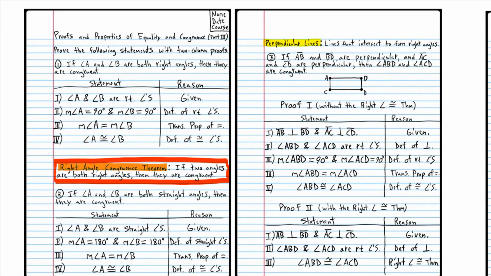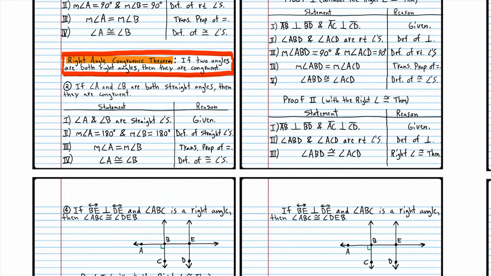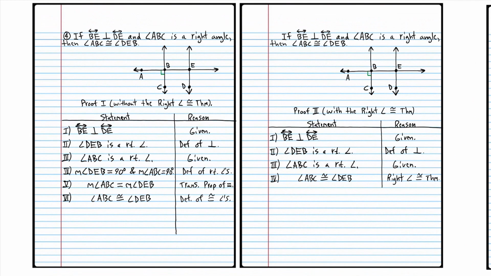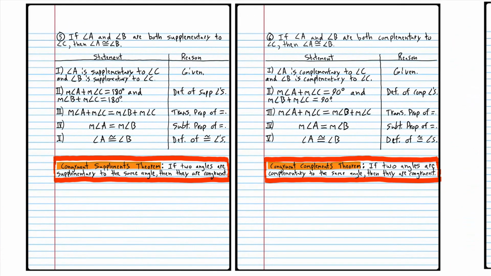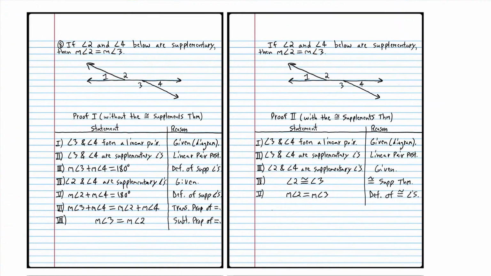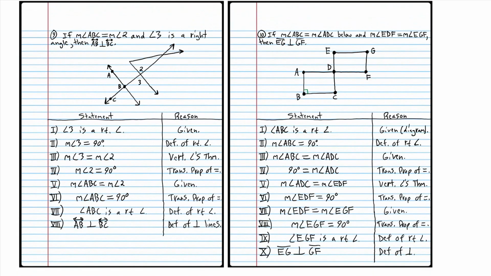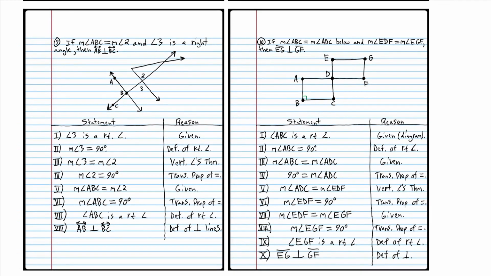I want you to go ahead and take screenshots of all the work that we did so you can refer back to these notes when you're doing your homework or when you're studying for tests. Again, in these last problems, we learned how to show that two things are perpendicular.